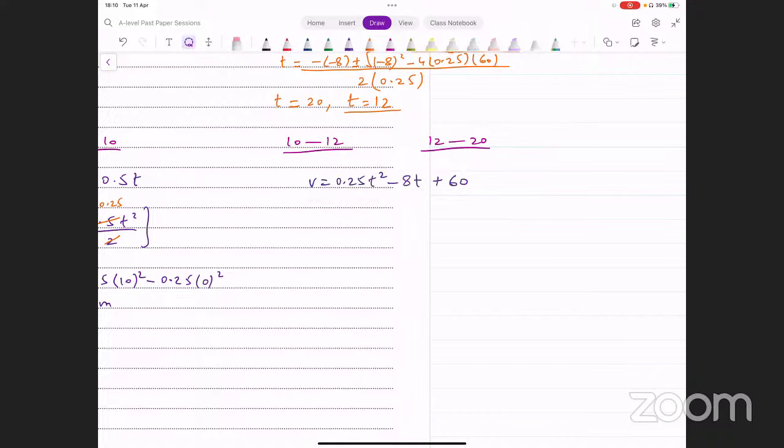Okay, let's integrate this. That gives me 0.25 t cube over 3. In fact, let me just do 10 to 12 here. 12 to 20 next page पे कर लेते हैं. It's going to be a lot of clutter otherwise. 0.25 t cube over 3 minus 8t squared over 2 plus 60t.